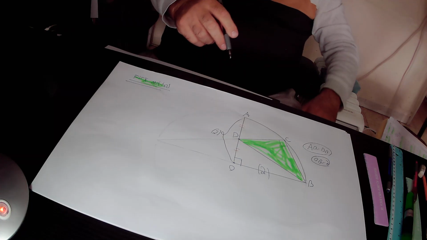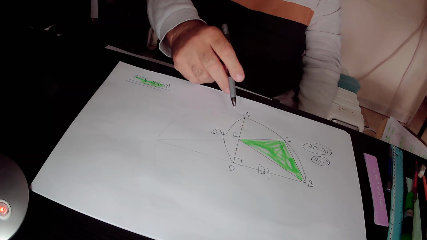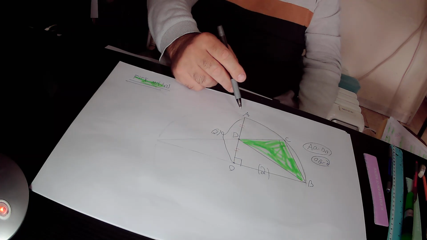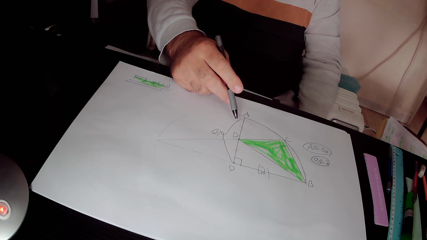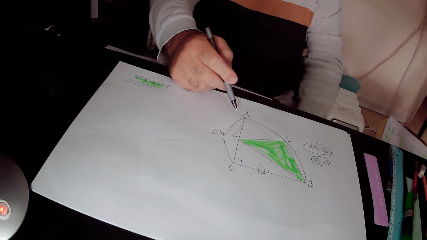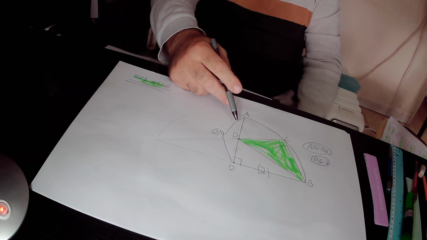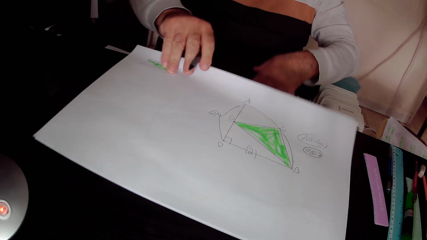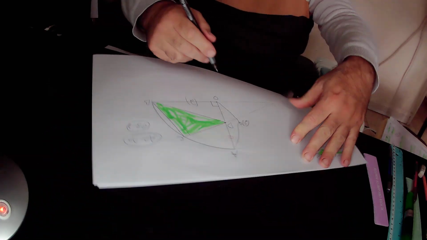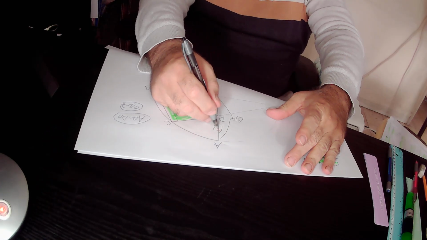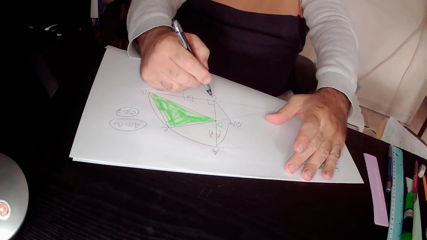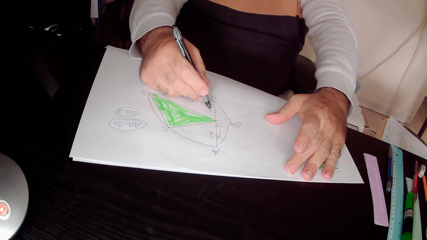The radius AO has been bisected at point D into two halves. The first half AD equals the second half DO, and each half must be equal to 2 over 2. So AD equals 2 over 2, that is 1, and DO must also be equal to 1 unit in length.